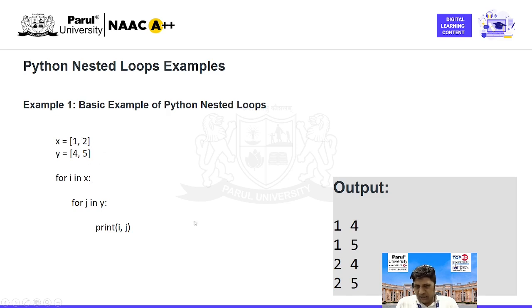Now the value of i is 2. Again it enters the inner loop. The combinations for 2 are 2 4 and 2 5, both are executed. So you can see here the complete execution of the inner and outer loop.